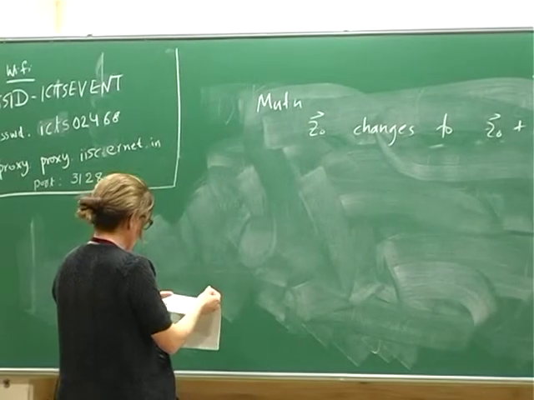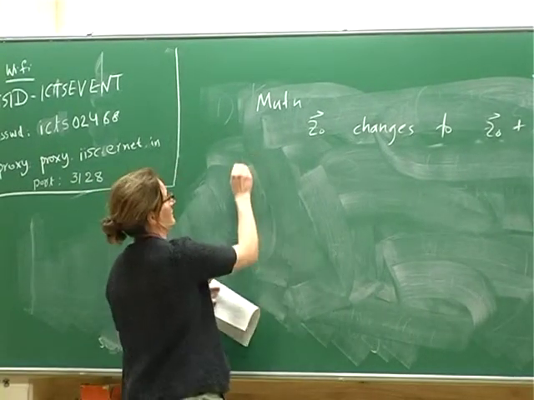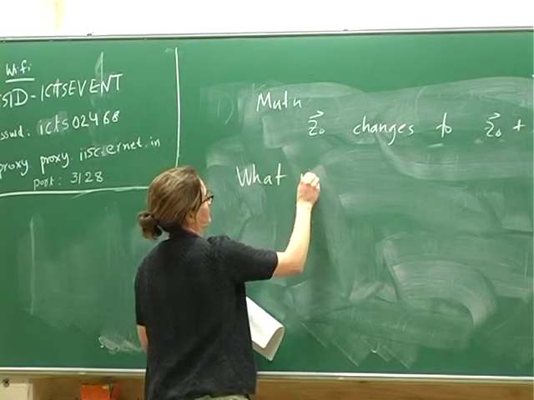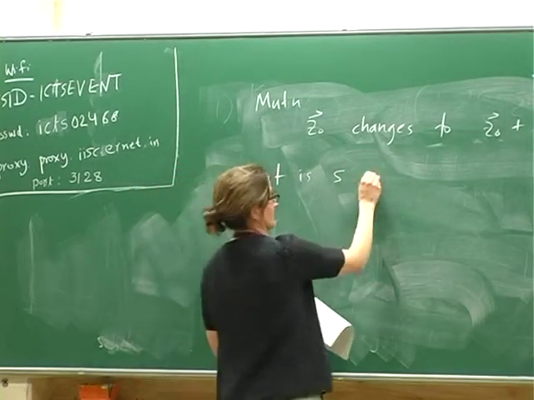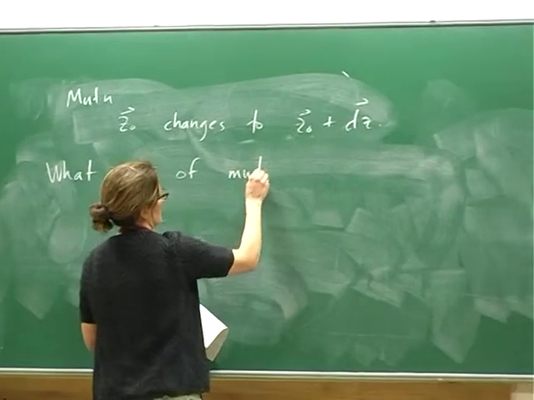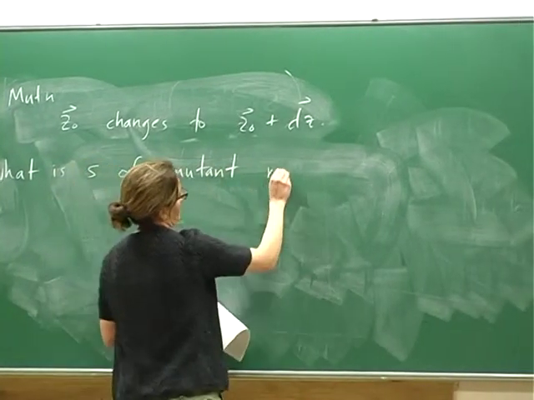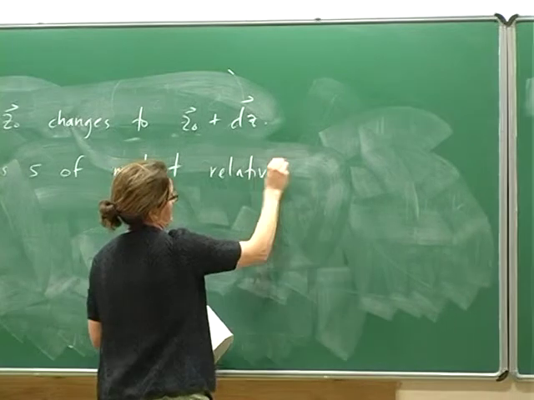And what do we want to know? We want to know the S, the selective effect of the mutant. And this one we're going to do relative to wild type.